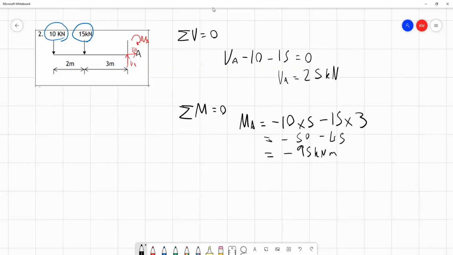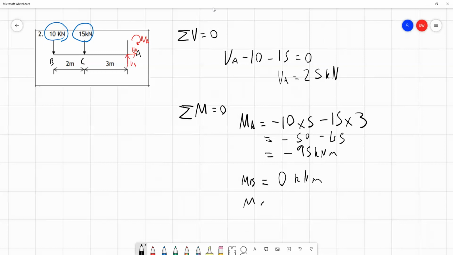To have all of the information for our bending moment diagram, we need to know all the bending moments in this diagram. So we'll label these points B and C just now, for reference. The bending moment at point B, you might have guessed, there's nothing happening to the left of B. There's no support there to provide moment, so that's going to be 0 kilonewton meters.